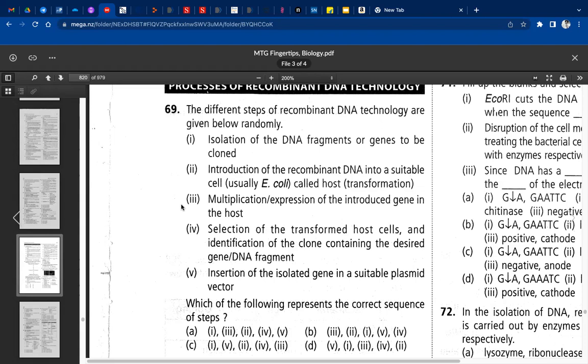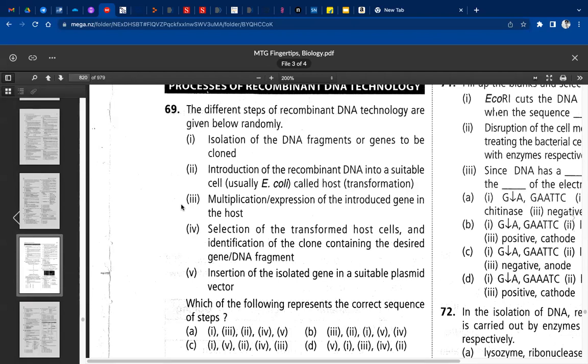Fourth, selection of the transformed host cells and identification of the clone containing the desired gene or DNA fragment. Fifth, insertion of the isolated gene in a suitable plasmid vector. Which of the following represents the correct sequence of steps?